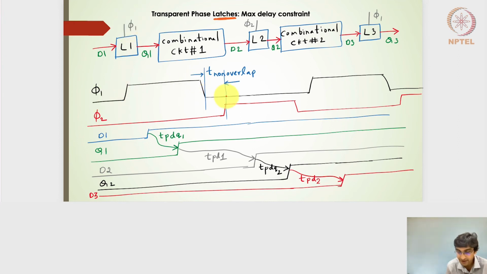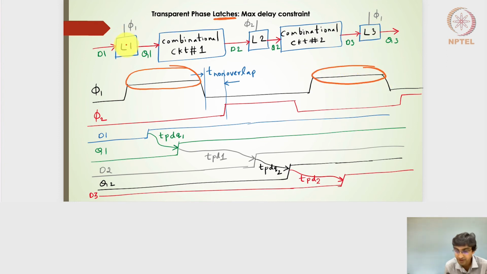So if I design a clock here, latch 1 is connected to the positive level of the clock. That means it will work in the positive level of the clock, and the L3 latch is again working in the positive level of the clock.